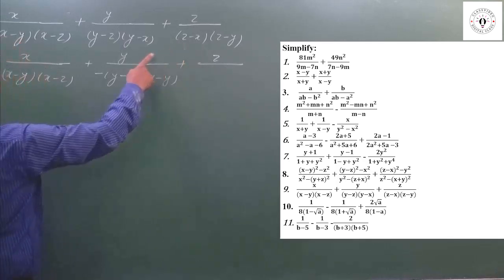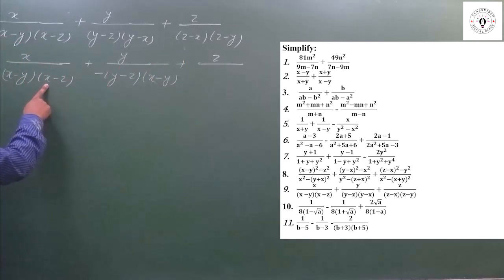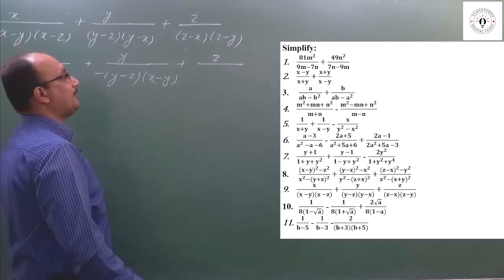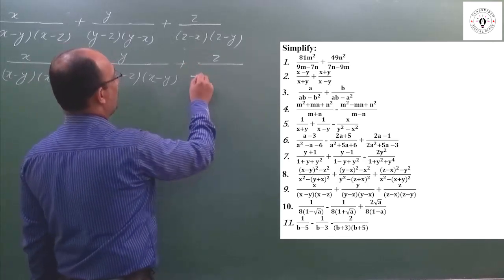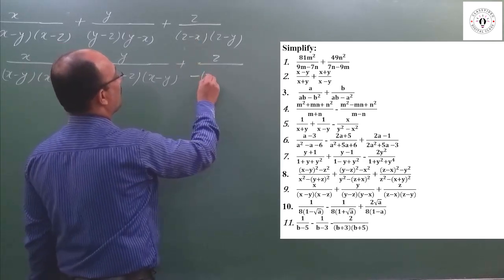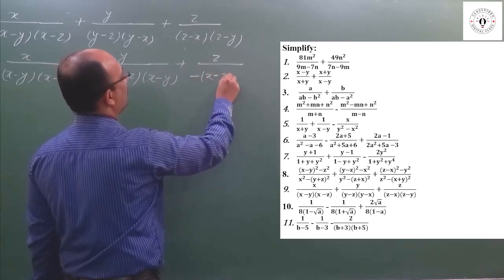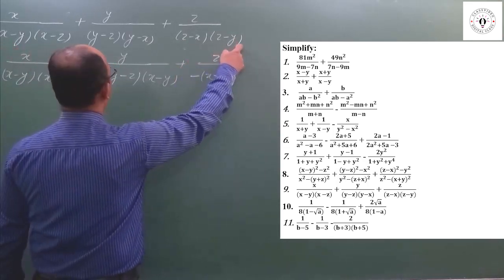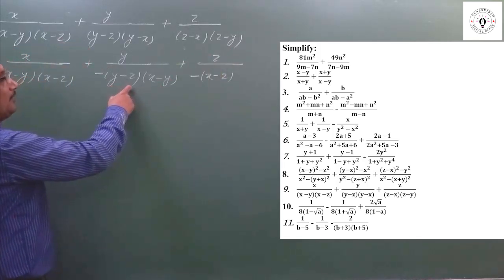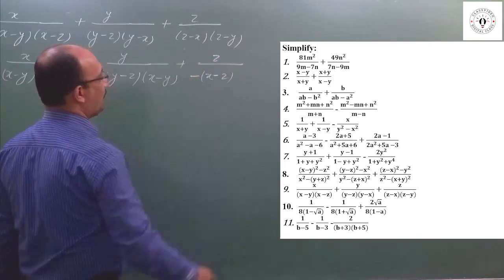Here is z minus x, but here you have x minus z. So to make z minus x as x minus z, what you have to do? Minus common. So minus common, then minus x becomes plus x and plus z becomes minus z. Similarly, here is z minus y, but what we have written here, y minus z. So how can you make z minus y as y minus z?